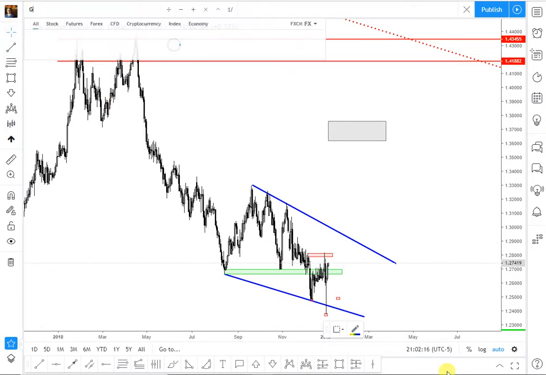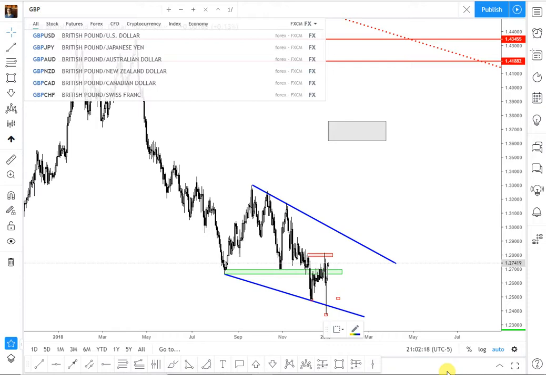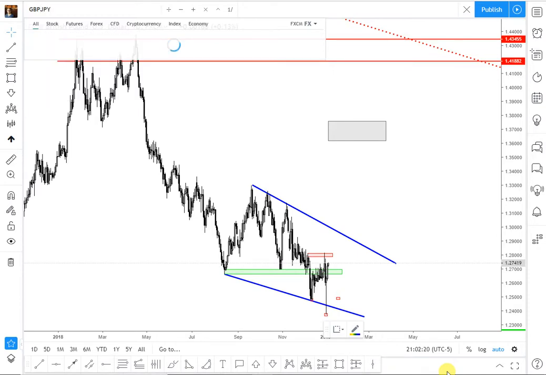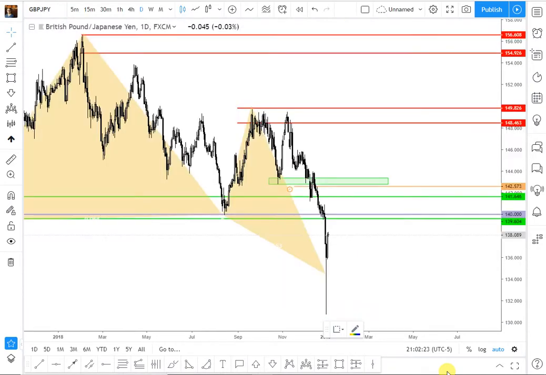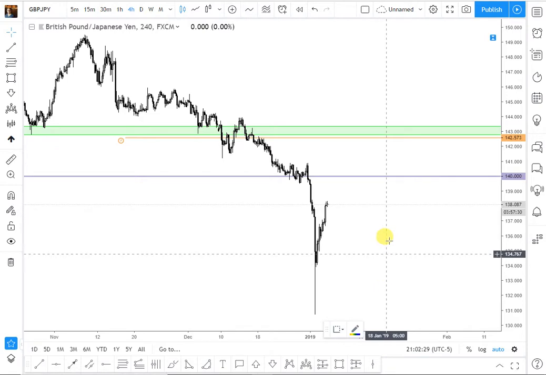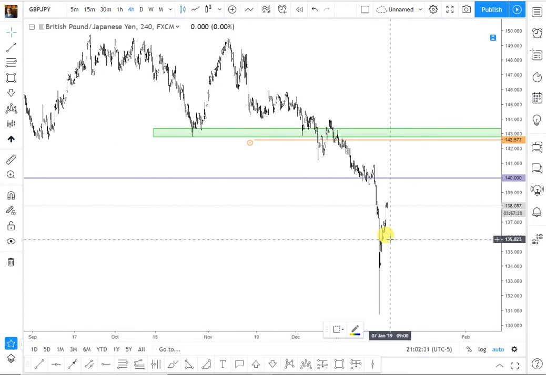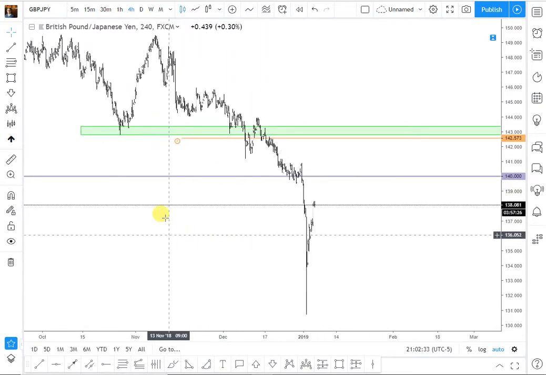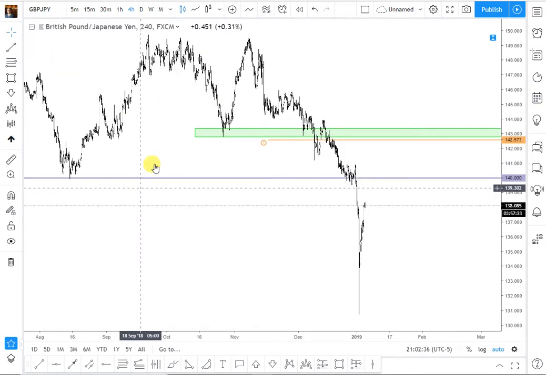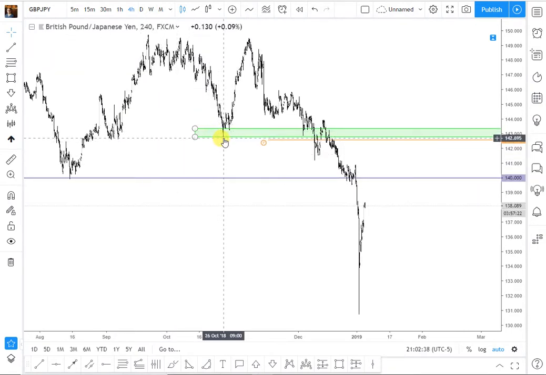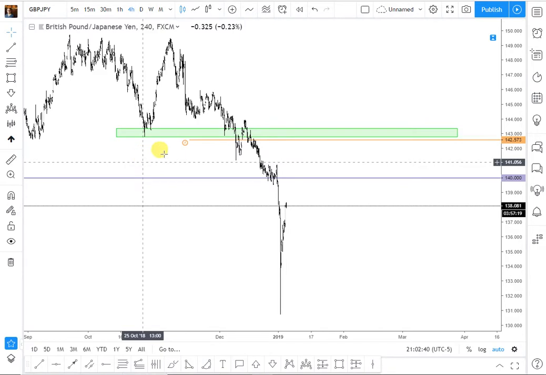If we switch to the GBP yen, on the 4-hour time frame, we have this area here. This is a support channel.